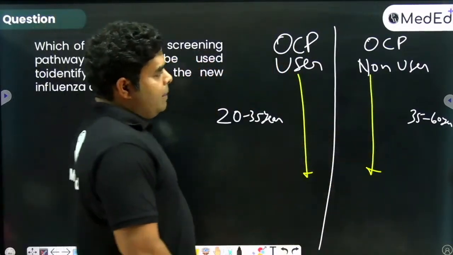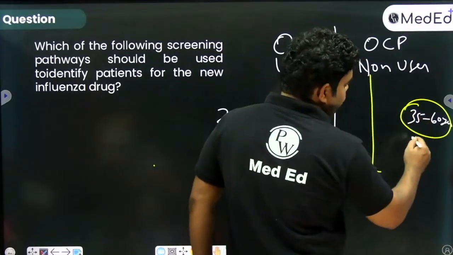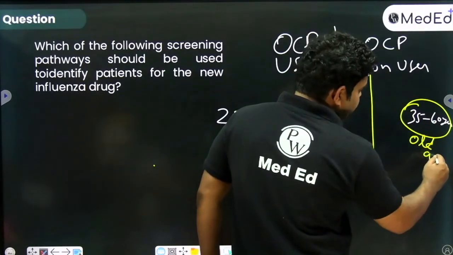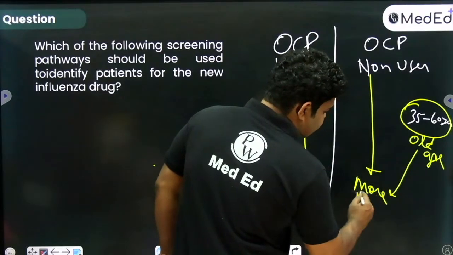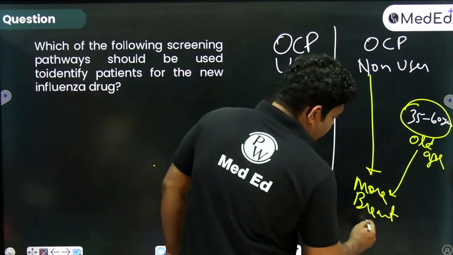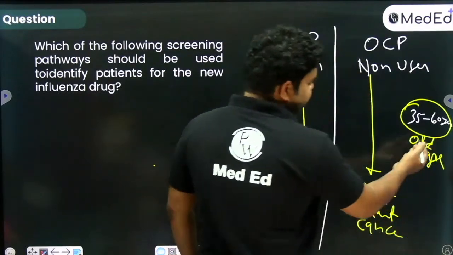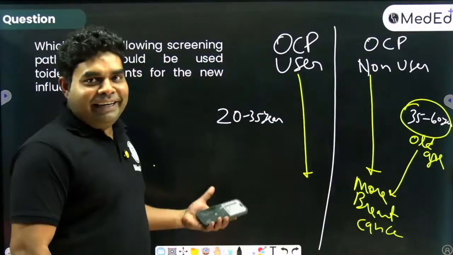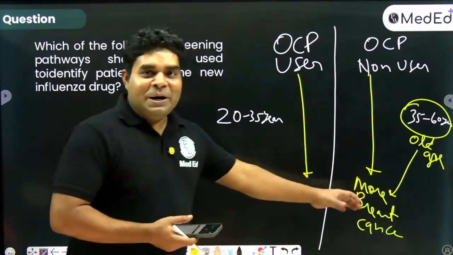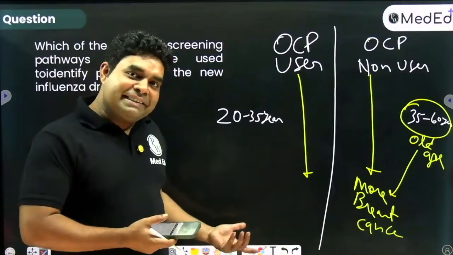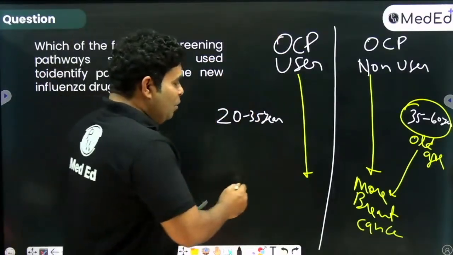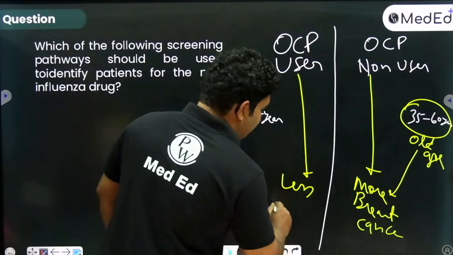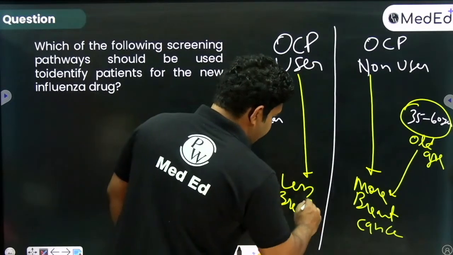Because 35 to 60 years are older, due to old age, this group will have more breast cancer. And if one group has more breast cancer, automatically, as compared to this group, the OCP group will have less breast cancer. And we will forcefully prove that OCP lowers breast cancer because now it has less breast cancer.